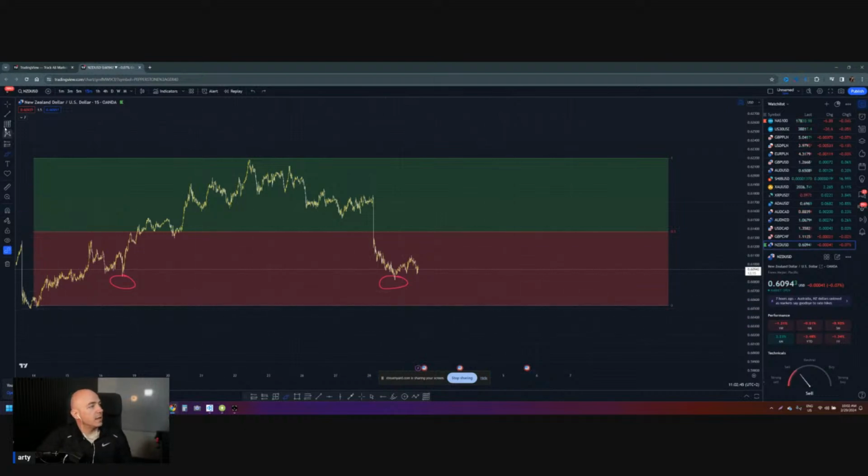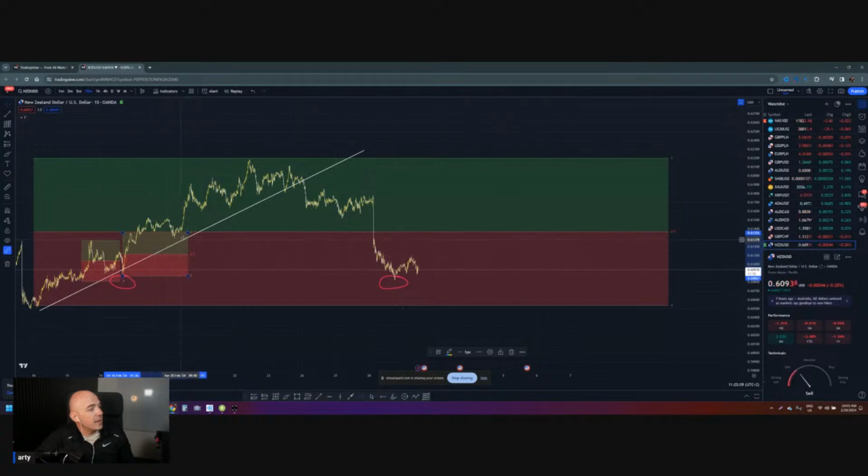But if you look at these short uptrends, right? This was the move that broke structure. Price came in, went up. This right here was the move that broke structure.